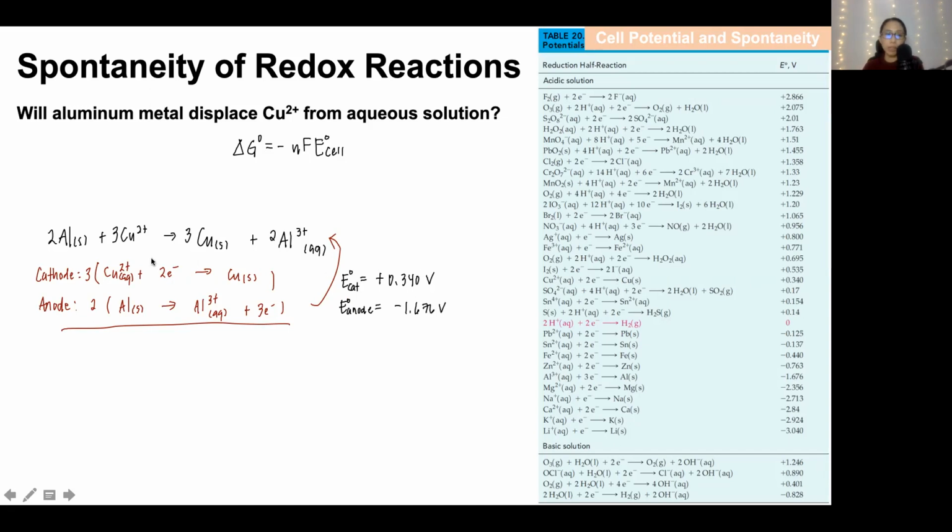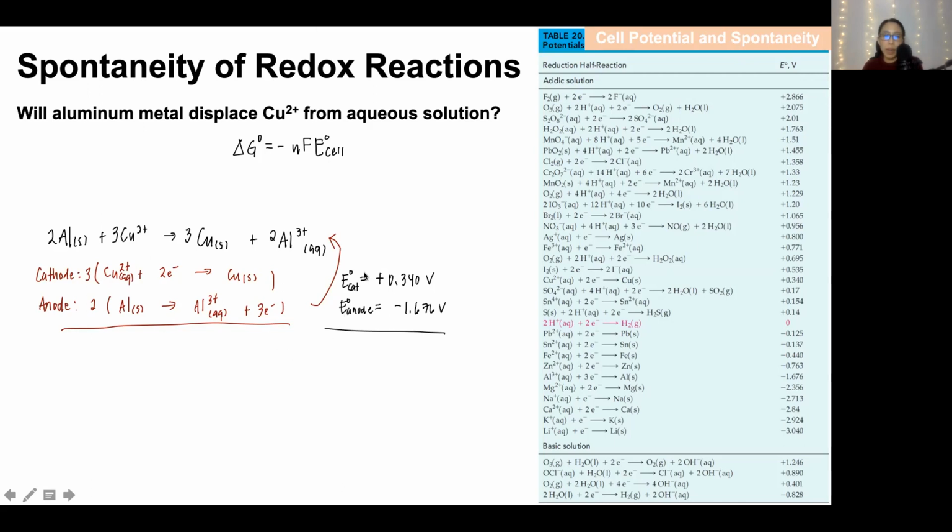Now notice class, if we multiply the half reaction by a certain coefficient, we do not multiply the standard reduction potentials. Again, this is because your cell potentials or electrode potentials are intensive properties, okay? They do not depend on the stoichiometry or how you write your balanced redox reaction. So we do not multiply this cathode potential and anode potential by the coefficient that we used to balance the electrons. So we retain these values, okay?